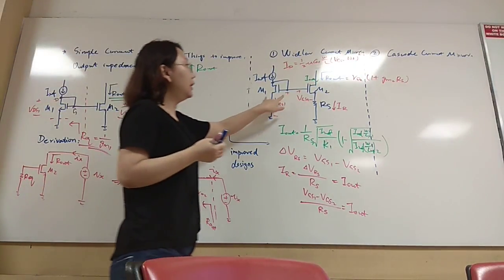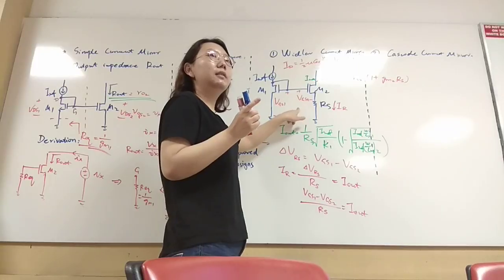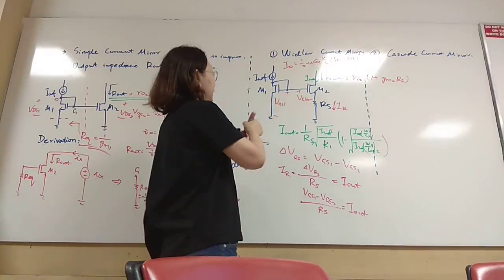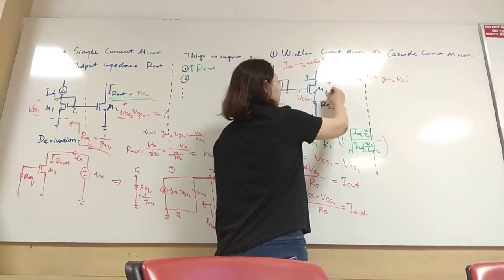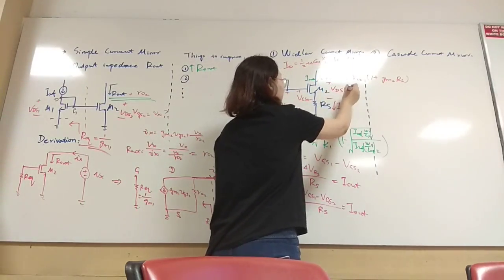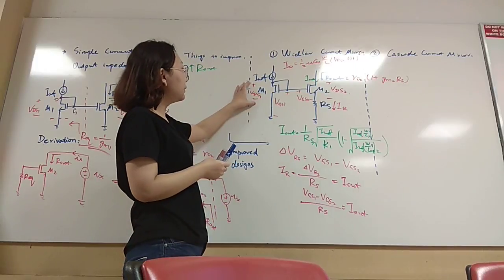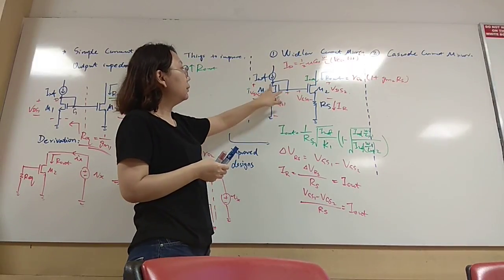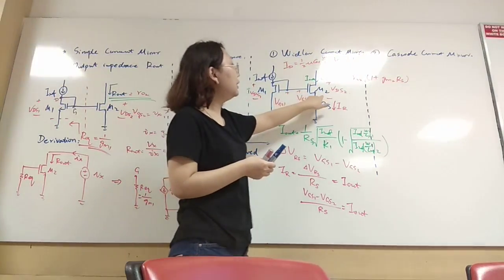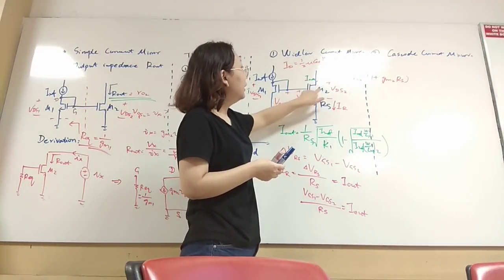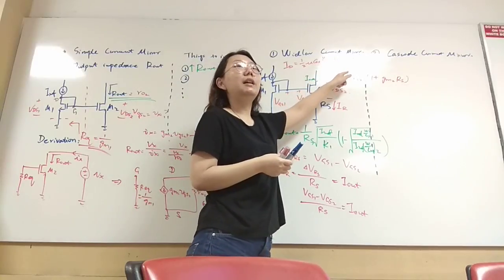So if you look at the Widlar current mirror, it also has this problem. Here is your VDS1. Here is your VDS2. This VDS1 is also the same. It equals VGS1, always. But this VDS2, okay, this terminal is also connecting to the external circuit.